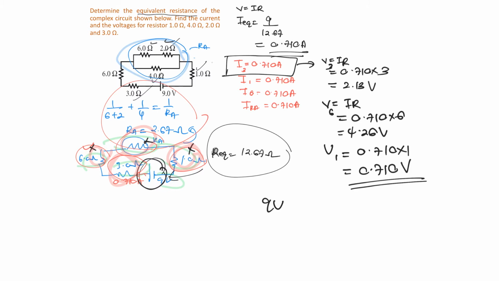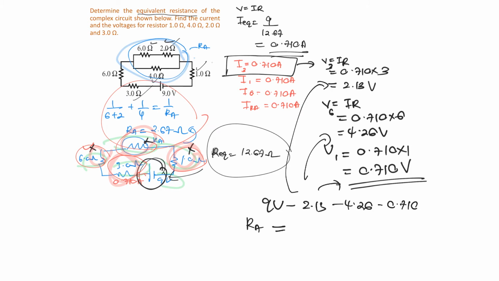So 9 volt, you minus the 2.13 here, you minus the 4.26 here, and then you minus 0.71. What is the remaining potential difference applied at resistance A? So 9 minus 2.13 minus 4.26 minus 0.71, then you are going to get 1.90 volt. Sorry, this is not resistance, this is going to be VA.